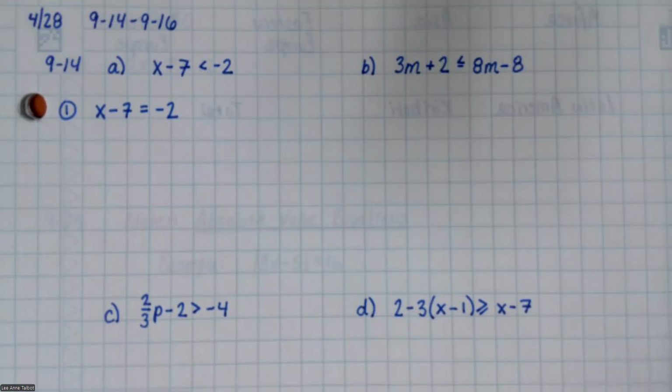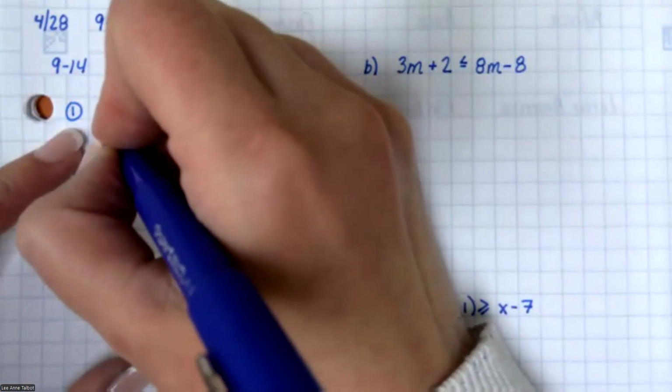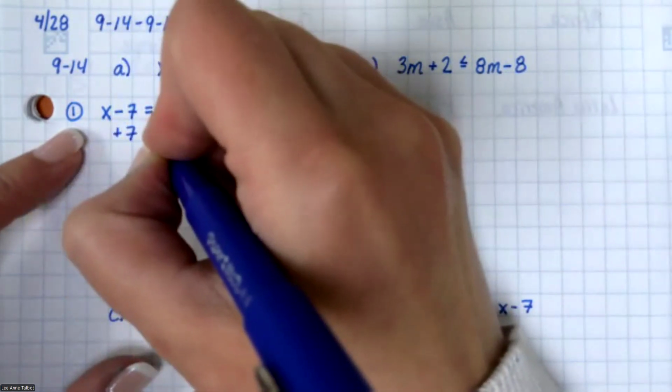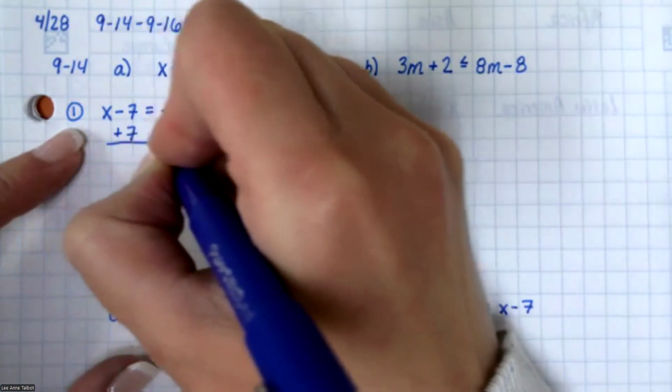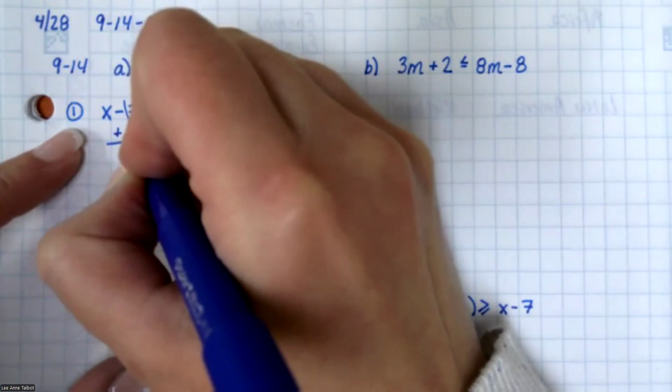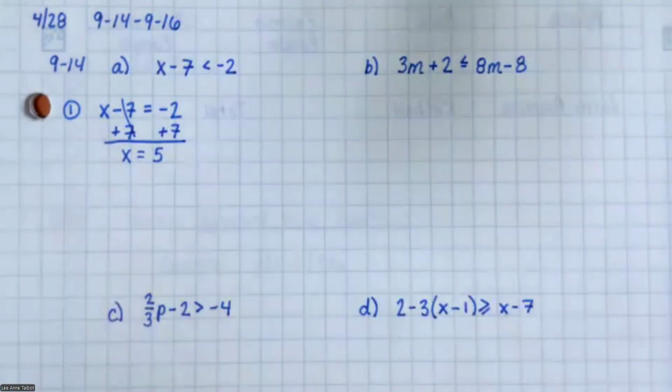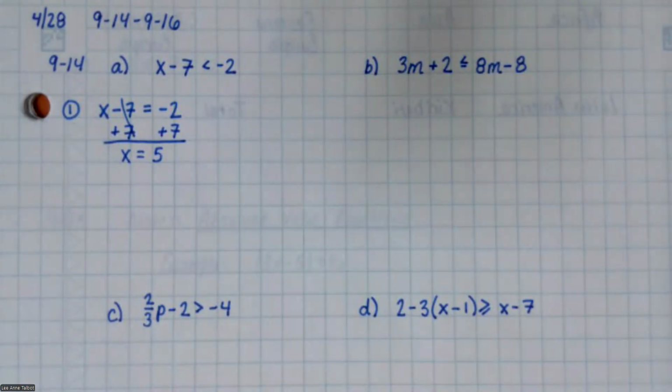Okay, and we're going to solve for x, so plus 7, x equals 5. Okay, none of that should be groundbreaking for anyone in here.